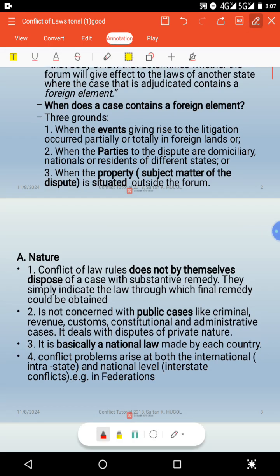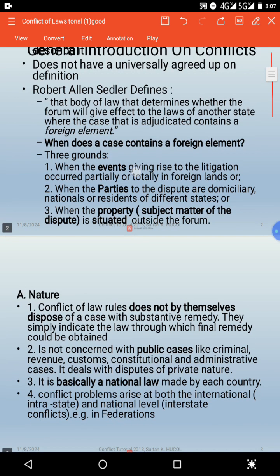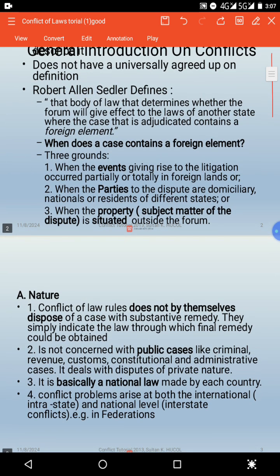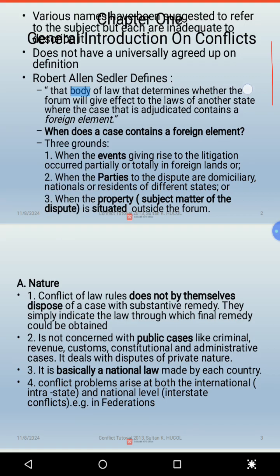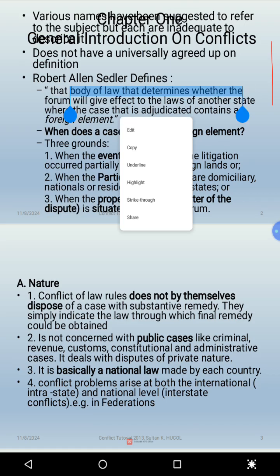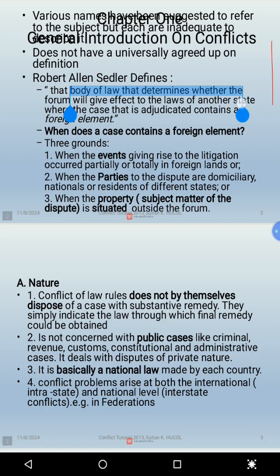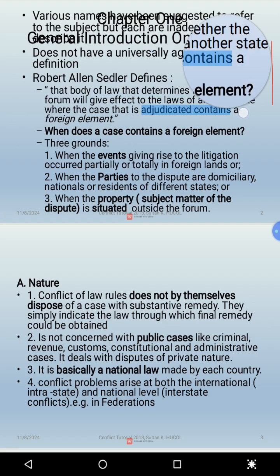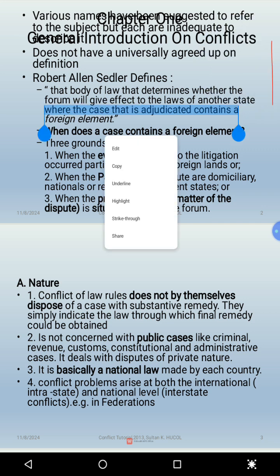Robert Alan Searle talks about conflict of laws here. As you can see, Robert Alan Searle defines conflict of laws as the body of laws that determine whether the forum will give effect to laws of another state, where the case that is adjudicated contains a foreign element.